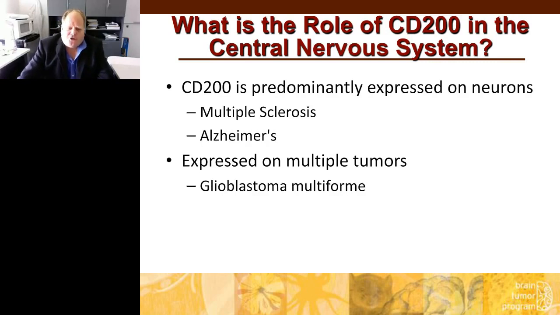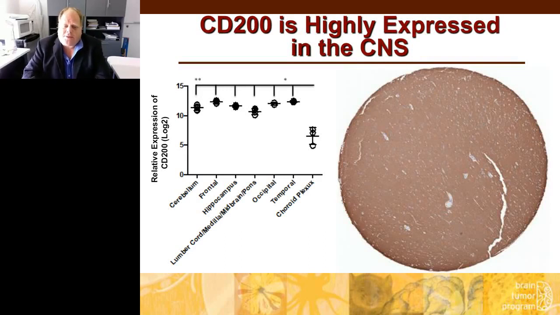It's also been shown that CD200 is expressed on multiple tumors, including melanoma, pancreatic, breast cancer, and what we're interested in is glioblastoma multiforme, or a CNS disaster.